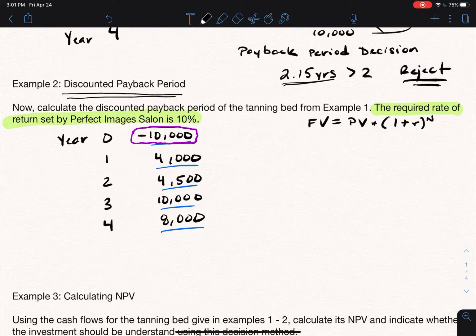If we think about this on a timeline, I'm being given today's dollars, but I'm also being given future dollars: $4,000, $4,500, $10,000, and $8,000.